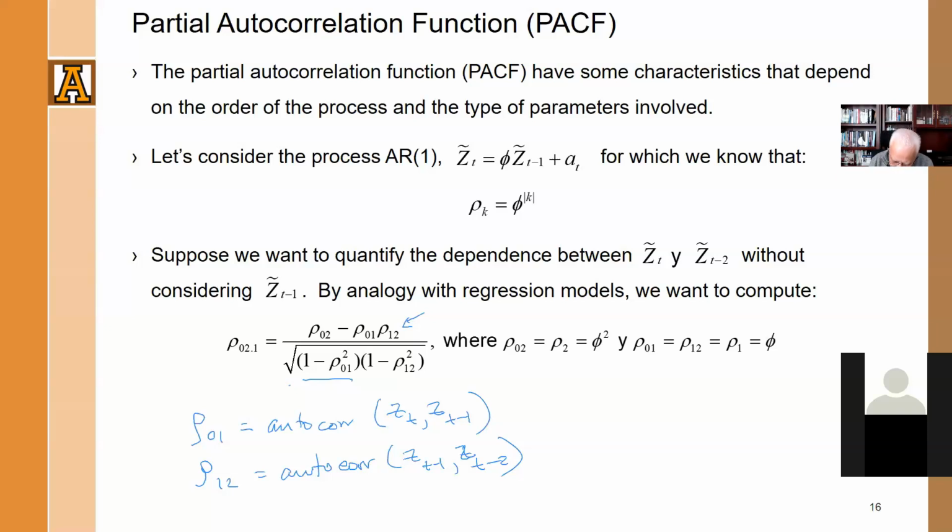So rho_{01} and rho_{12} are autocorrelations 1 lag apart, and rho_{02} is an autocorrelation 2 lags apart.